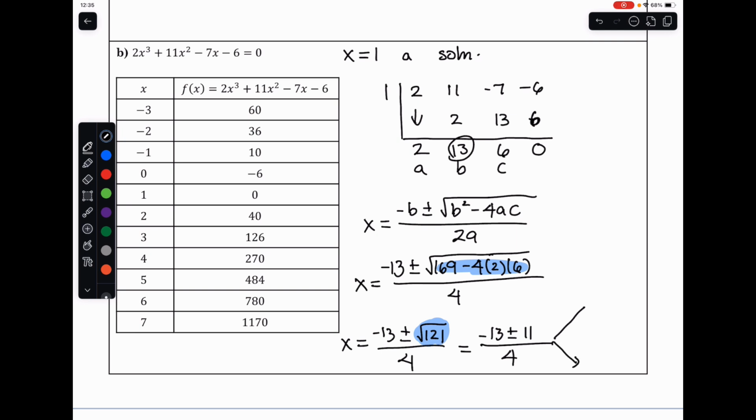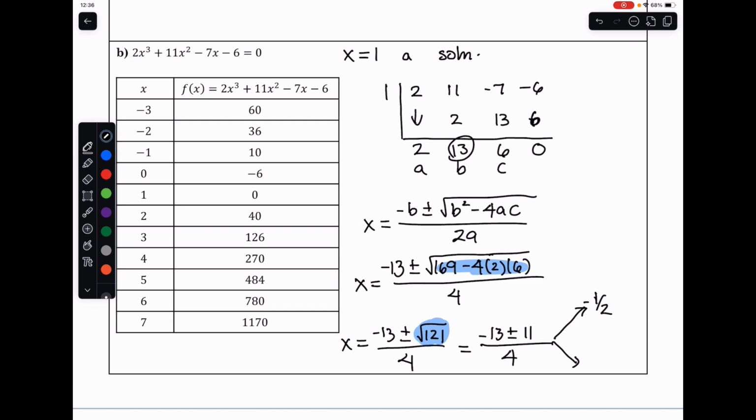So we have two possible solutions. Let's do negative 13 plus 11. That's going to give us a value of negative 2. Negative 2 divided by 4, that's negative 1/2. So that's one solution, negative 1 divided by 2.